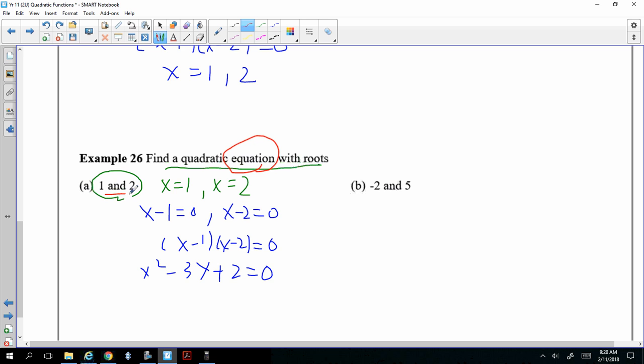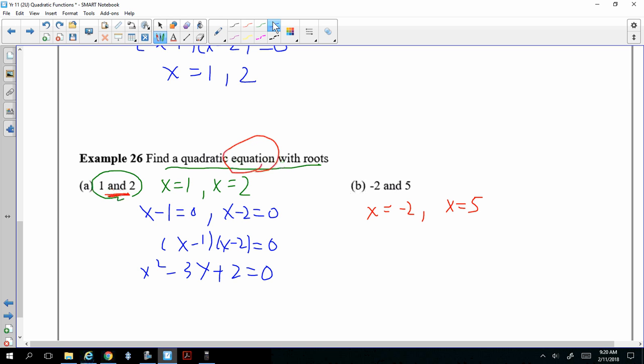Alright, how about the next one? Okay, do the same thing. The answer was -2 and 5. Do the reverse and tell me what the equation is. Have a try. And then we'll see if we can find a quicker method. Alright, we've got 3 more pages to go through. 2 more after this.